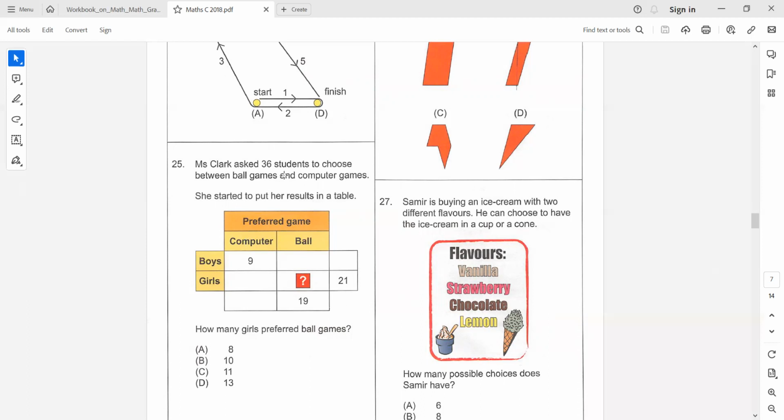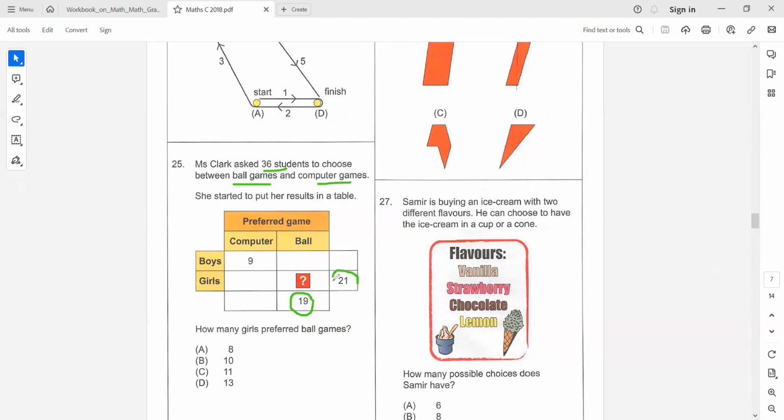Yes. Then the total for ball games, they have given, is 19.